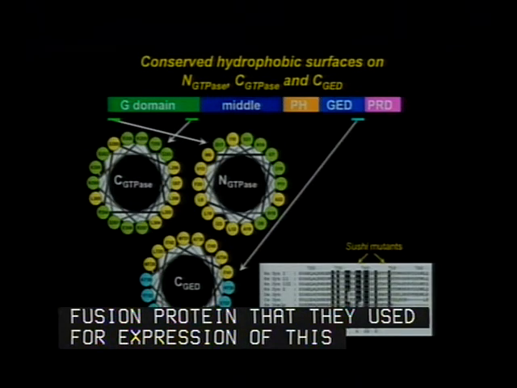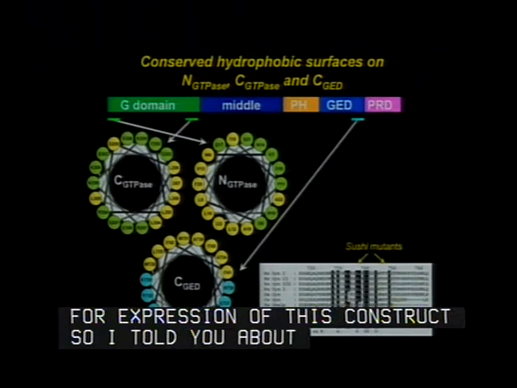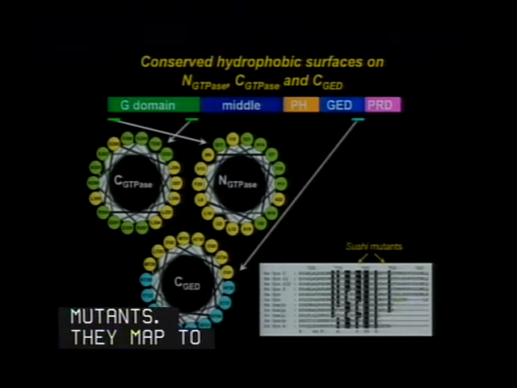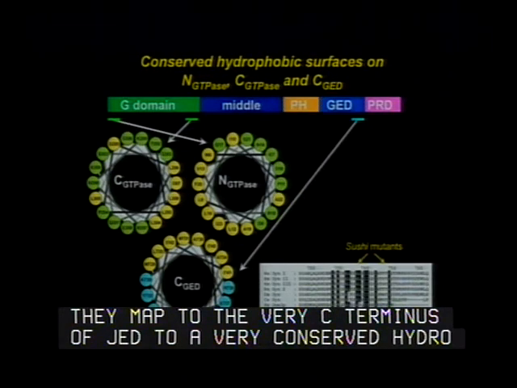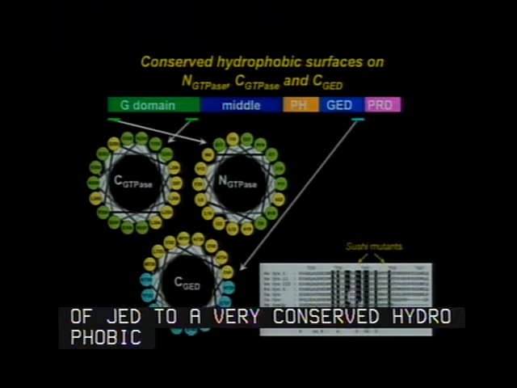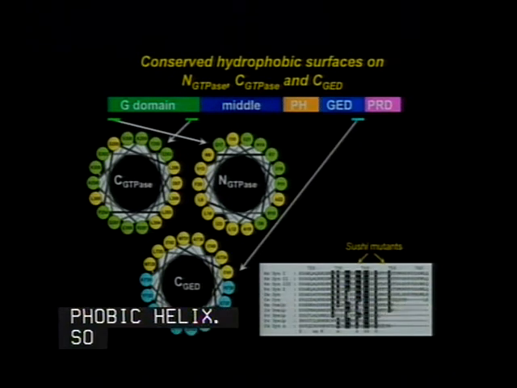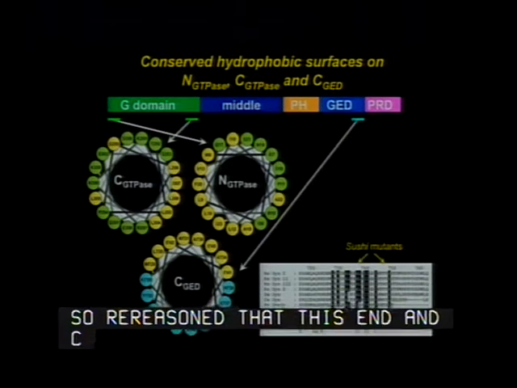So, I told you about these sushi mutants. It turns out they map to the very C-terminus of GED, to a very conserved hydrophobic amphipathic helix with a very conserved hydrophobic face. And so we reasoned maybe that this N and C-terminal GTPase domain might provide a site for docking of this GED C-terminal helix.